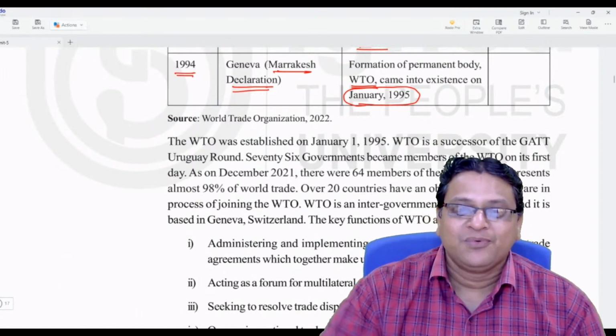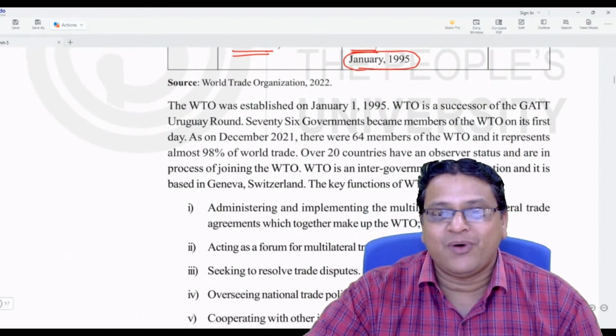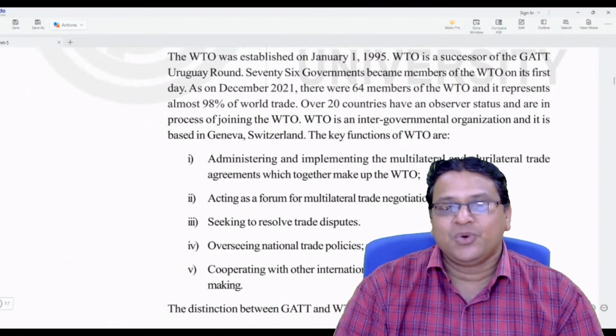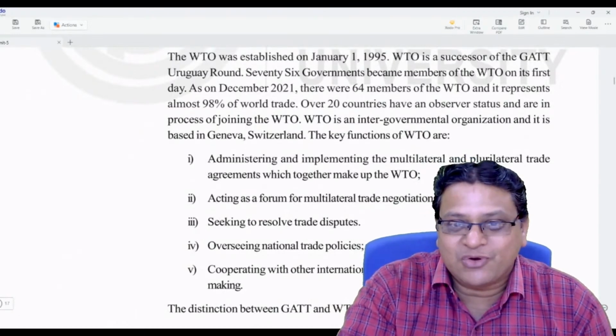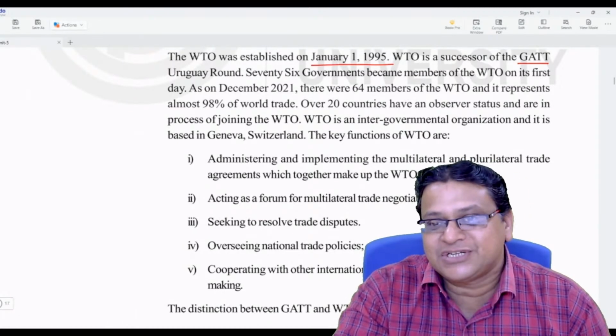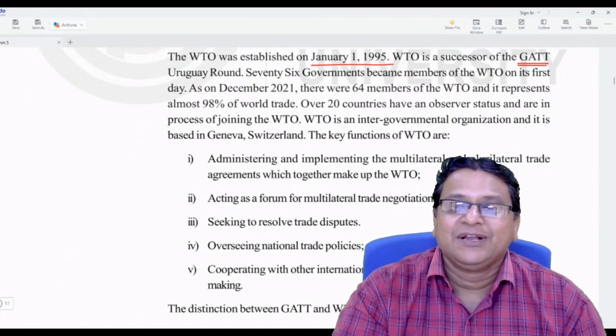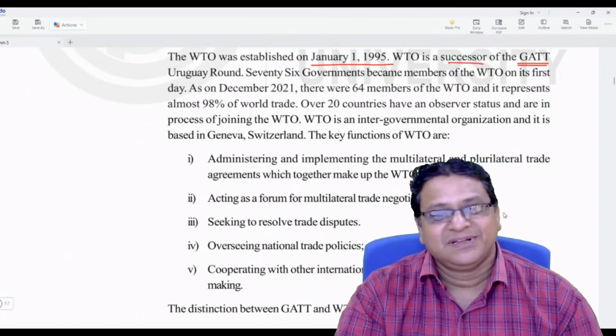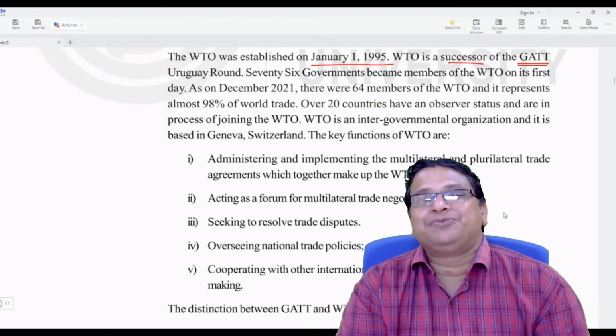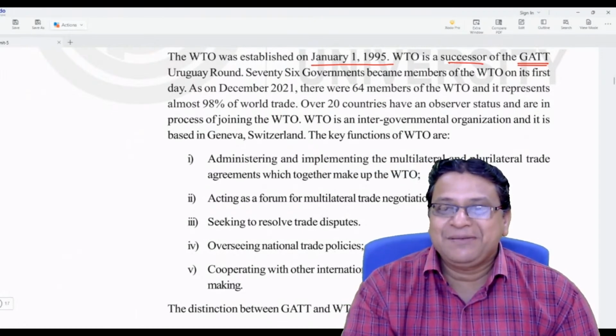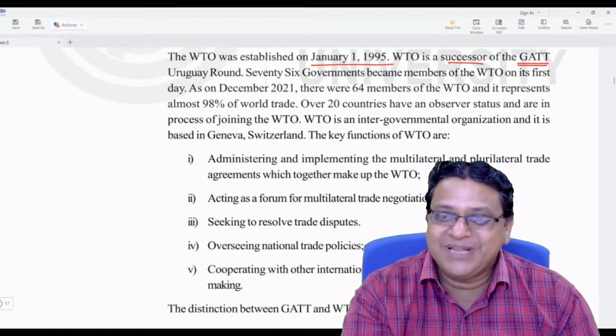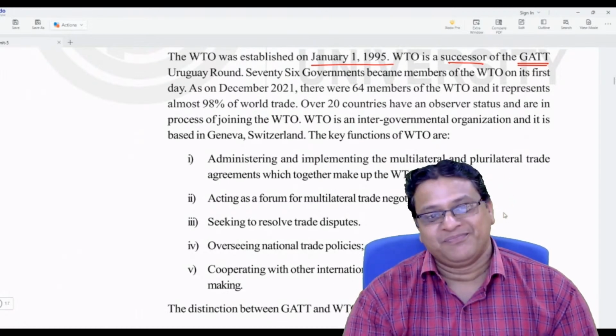So WTO was framed on January 1, 1995. So WTO is a successor to GATT. Once WTO comes, GATT loses its importance. GATT became a part of WTO. Now GATT agreement is the first founding agreement of WTO.